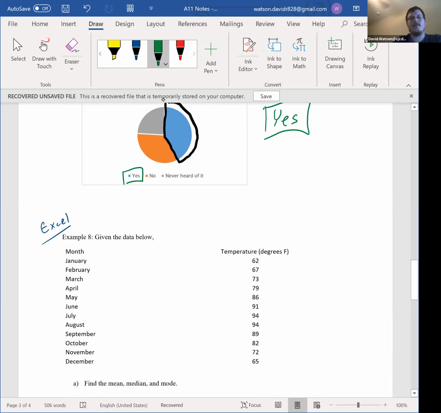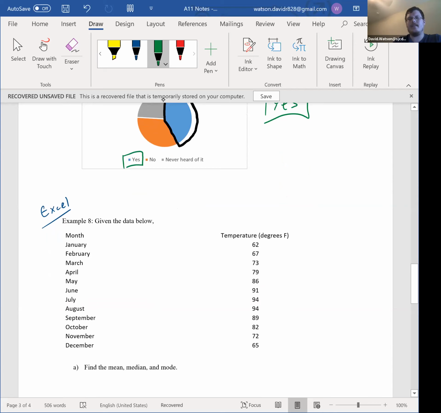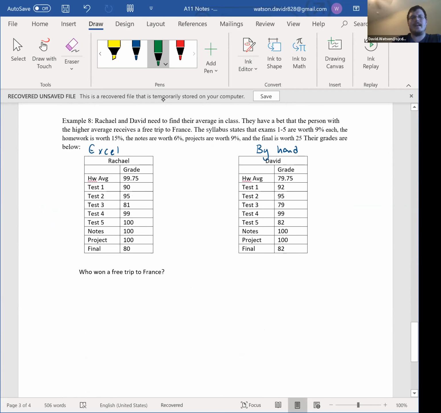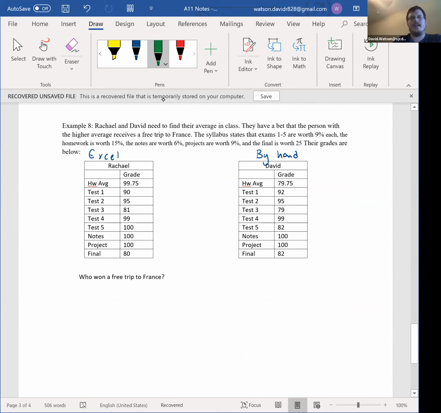All right, so we're going to get to Excel in just a second for this next example, but I'm going to skip down and talk about this one real quick. All right, so this one's what we're going to call a weighted mean. Rachel and David need to find their average in class.